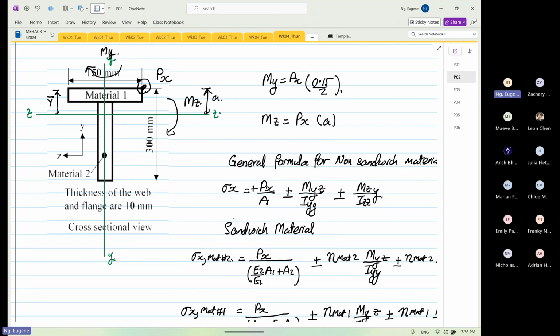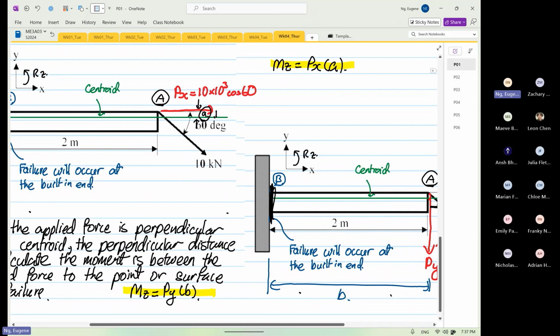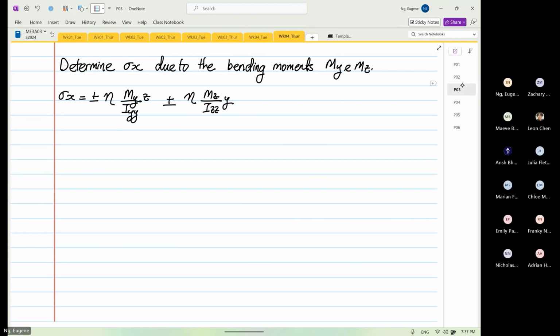With knowing that y bar value, it will help us. The y bar value relative from here is our a value. Then we can calculate the moment about z caused by Px, or Ax. Without that, we can't do anything.